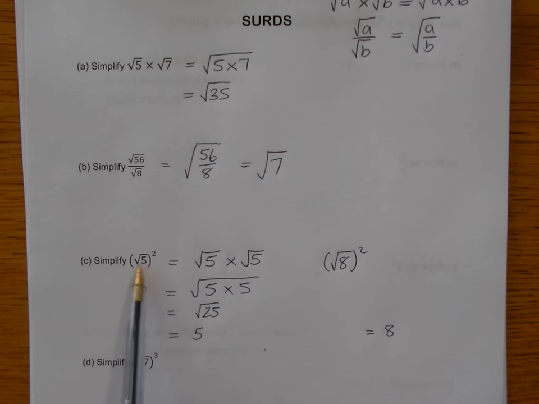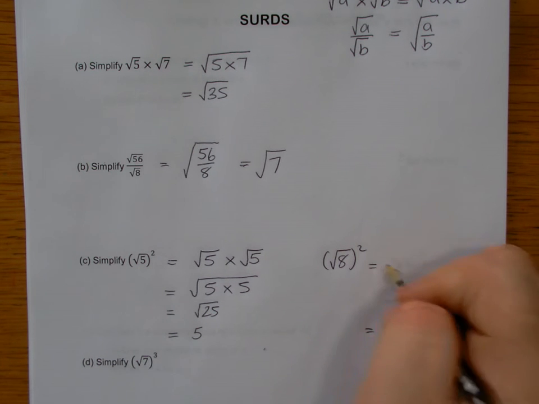The other reason to consider is, when we're squaring a square root, they're kind of like opposite functions, aren't they? You've got square root, and if you square it, you're sort of undoing the square root. You're going back to the start, so they cancel each other out. So we end up with the number itself.